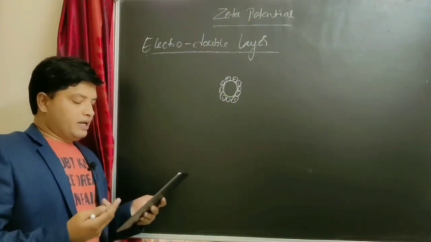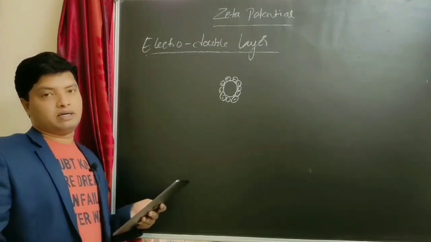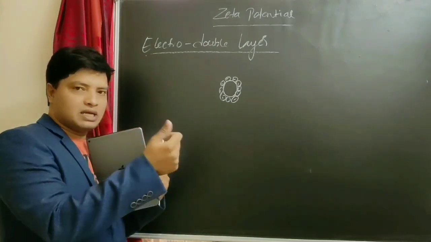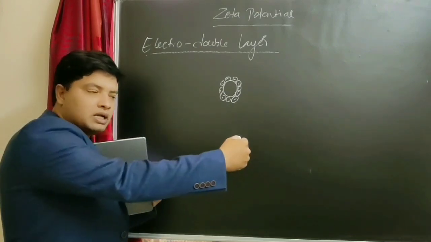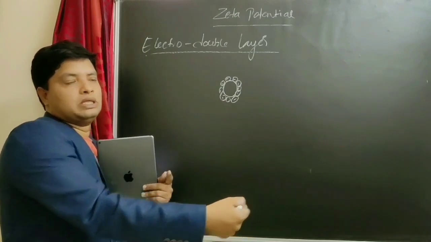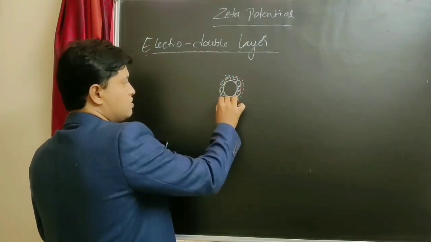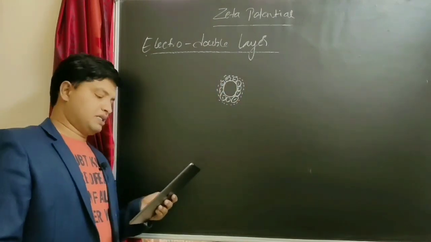Whatever negative ions are adsorbed there, they are tightly bound. What do we mean by tightly bound? Assume this is a particle and these are the negative ions adsorbed on the particle. Now if I move the particle, along with the particle, this layer will also move. So this is the first layer which forms on the particle.